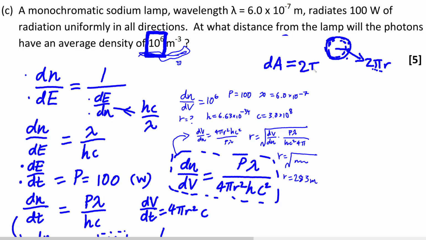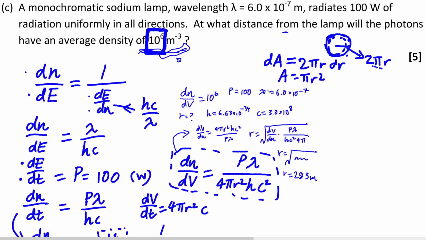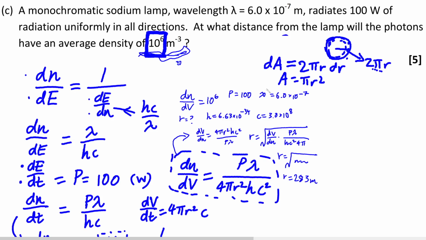If dA is 2 pi r dr, then you can see that A is pi r squared, right, from integration. That's an interesting thing to think about in the sense of 2D and 3D shapes and how their formulas all come out. And it really goes to show that this tool, this ability to think about infinitesimal quantities, is a very useful tool in problem solving in physics and maths.